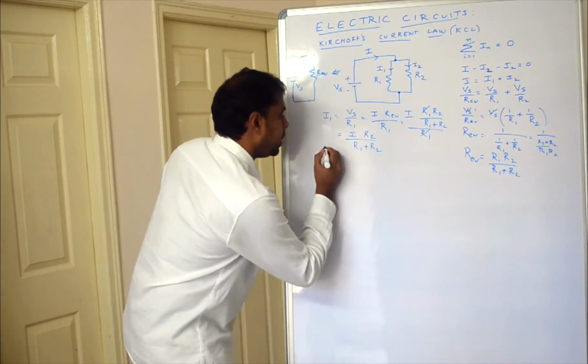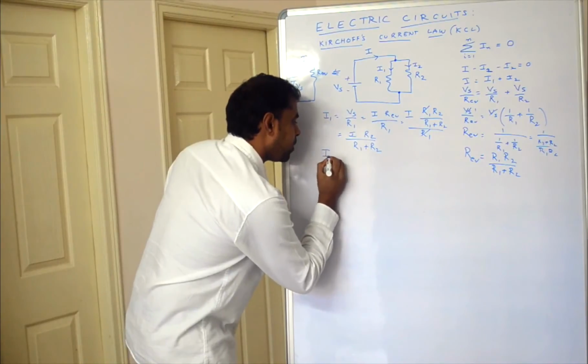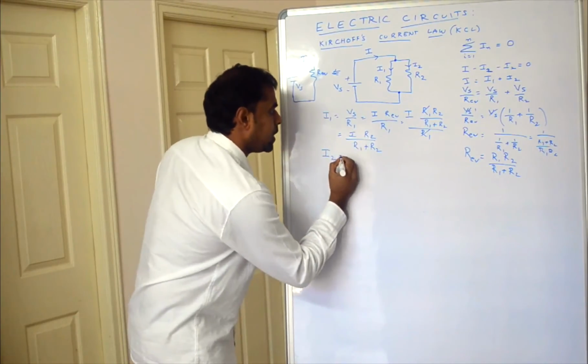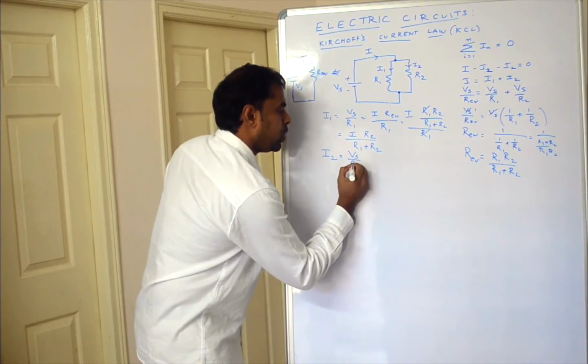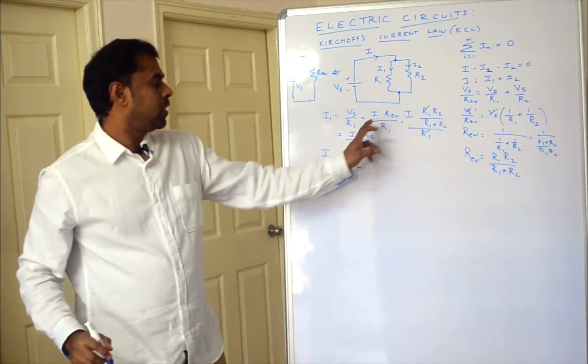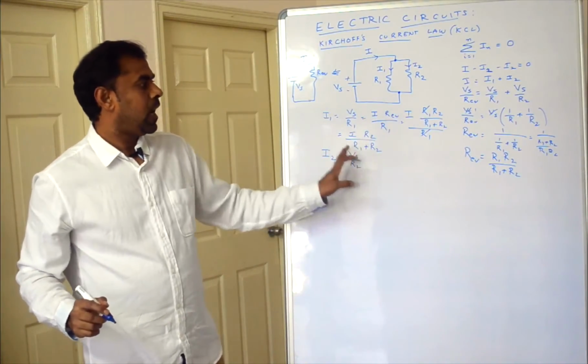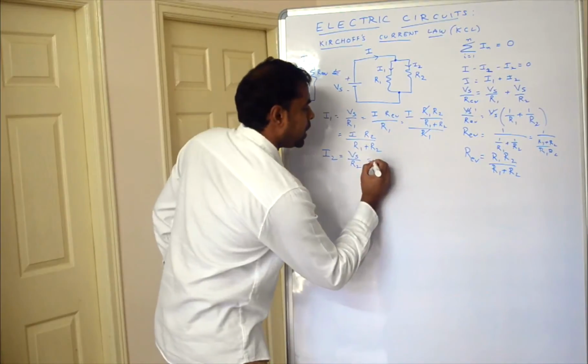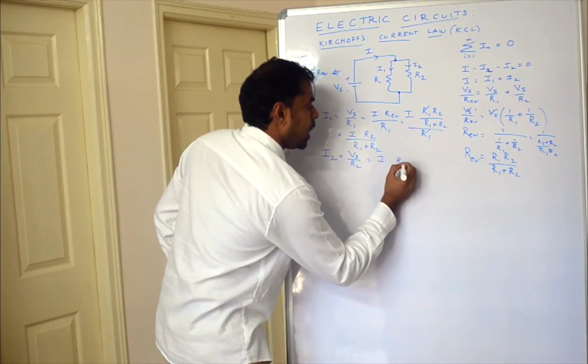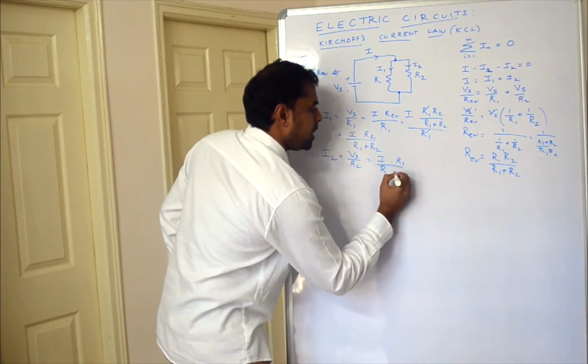Similarly you can derive I2 as Vs by R2. If you substitute Vs as I R equivalent, you are going to get I into R1 by R1 plus R2.